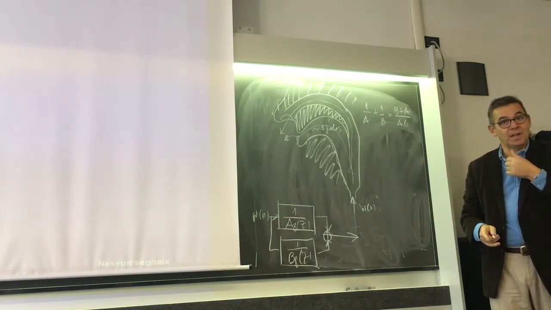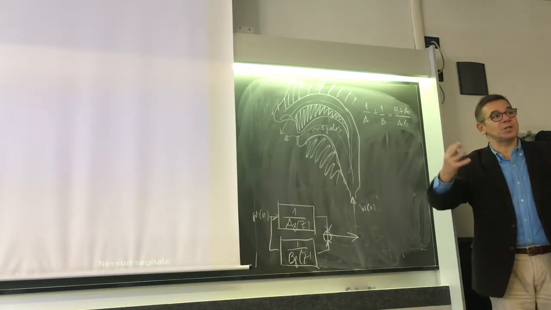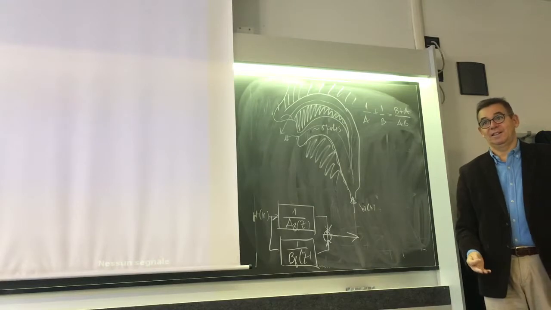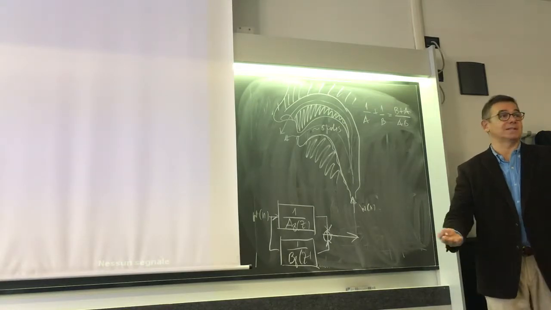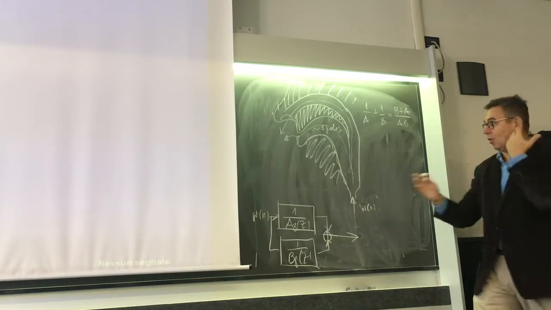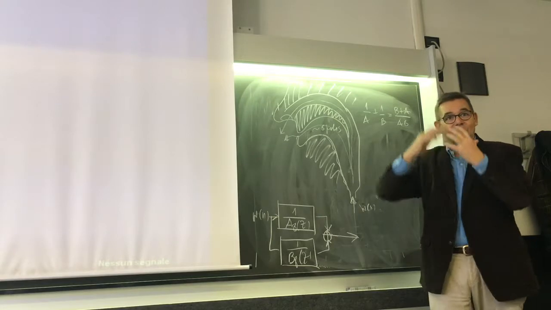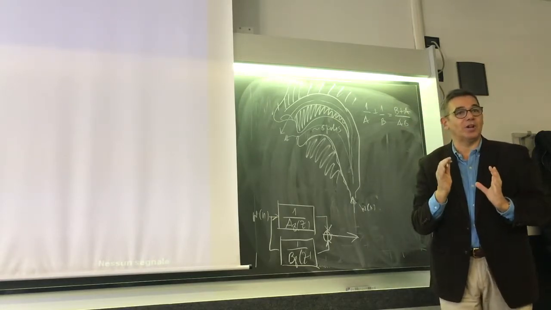Now, the question is, what is the stationarity interval? It depends on the person. It depends on how quickly I change my oral cavity, because when I talk, my tongue goes up and down and I completely change my oral cavity.